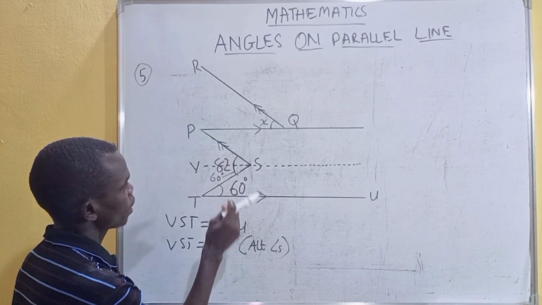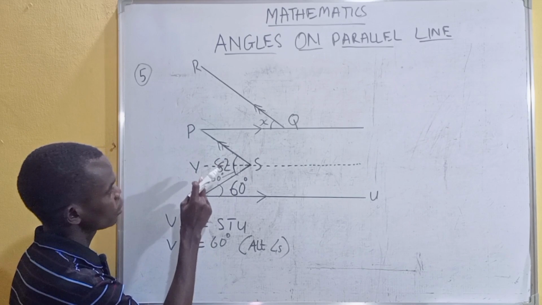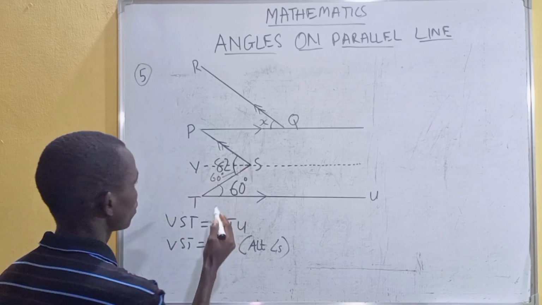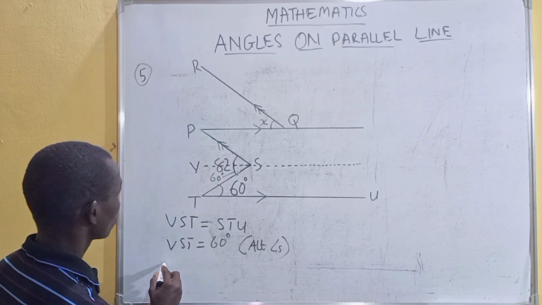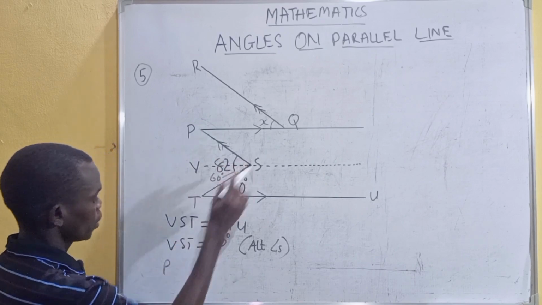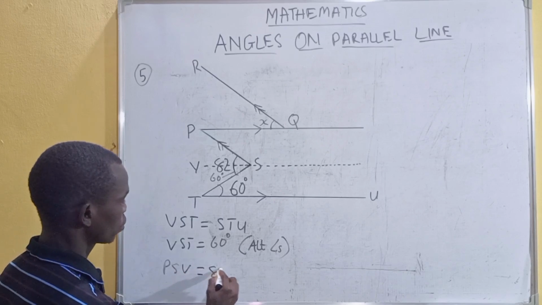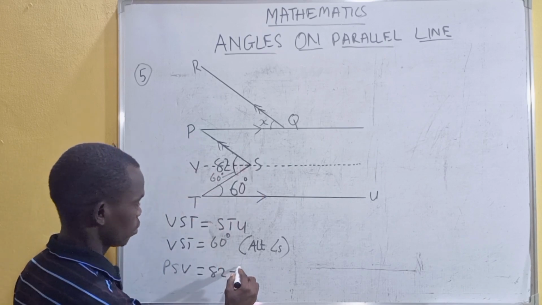For this other part, we subtract 82 minus the angle VST, which is 60 degrees, to find this other part. PSV will now be equal to 82 minus VST.